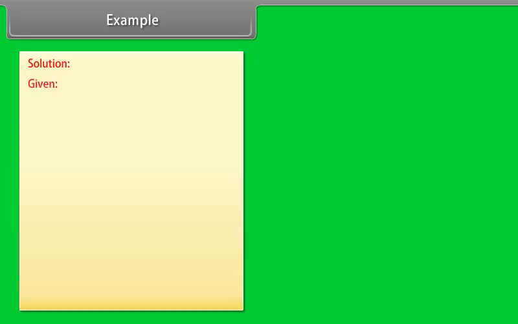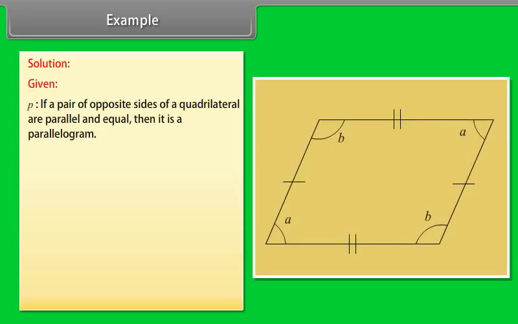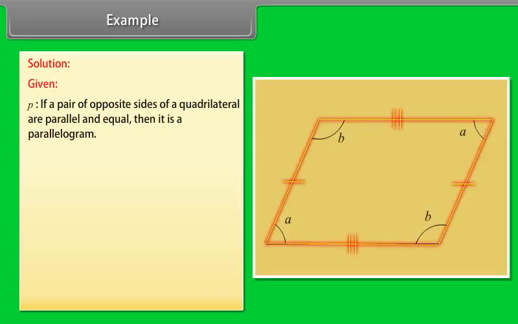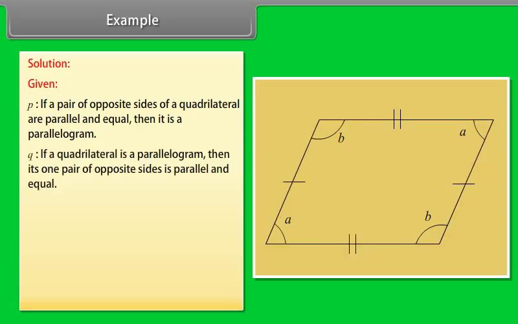P is a statement that if a pair of opposite sides of a quadrilateral are parallel and equal, then it is a parallelogram. Q is a statement that if a quadrilateral is a parallelogram, then its one pair of opposite sides is parallel and equal. Solution. Given: P and Q as stated.